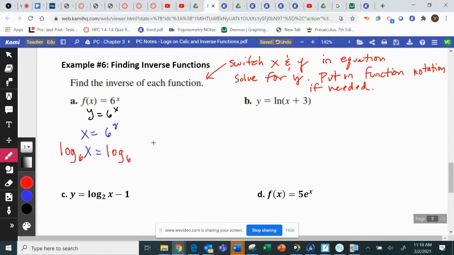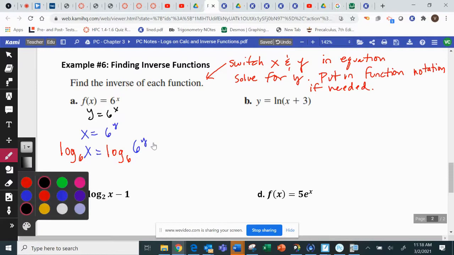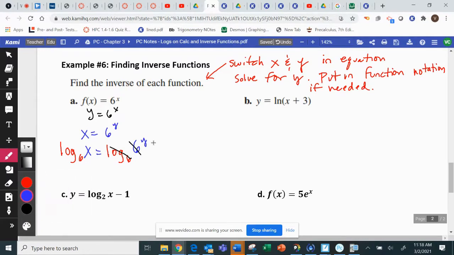So if you listen to the way I'm saying it, you can hear the correct way of saying these things. Log base 6 of 6 to the y. Those will cancel. We'll get y equals log base 6 of x.